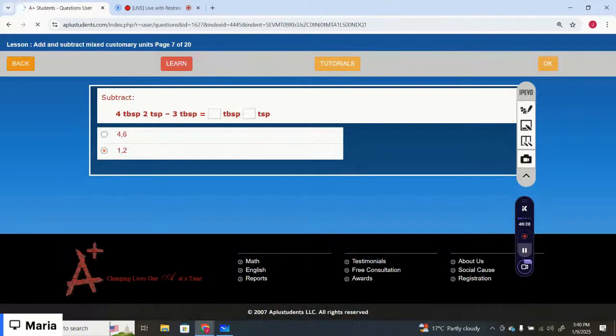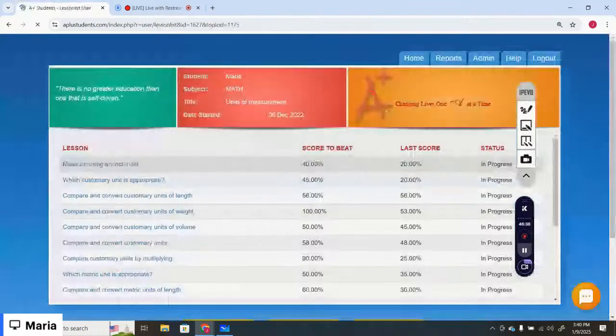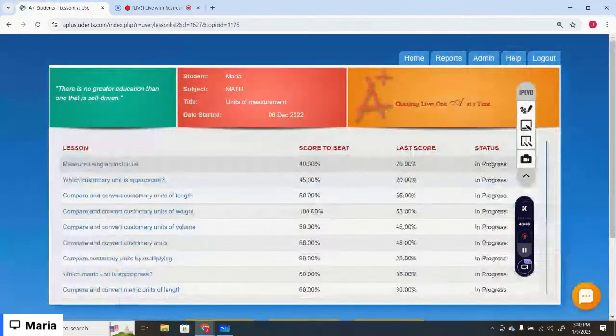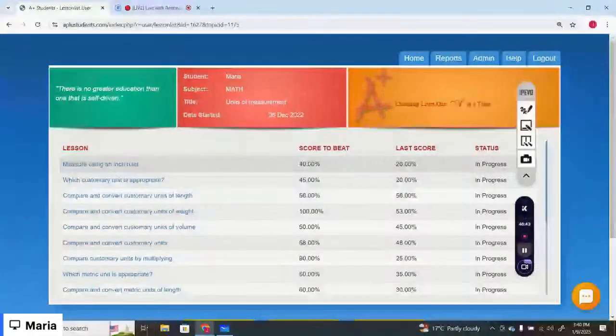So we were working on grade 4 math. The chapter we were working on is unit of measurement.